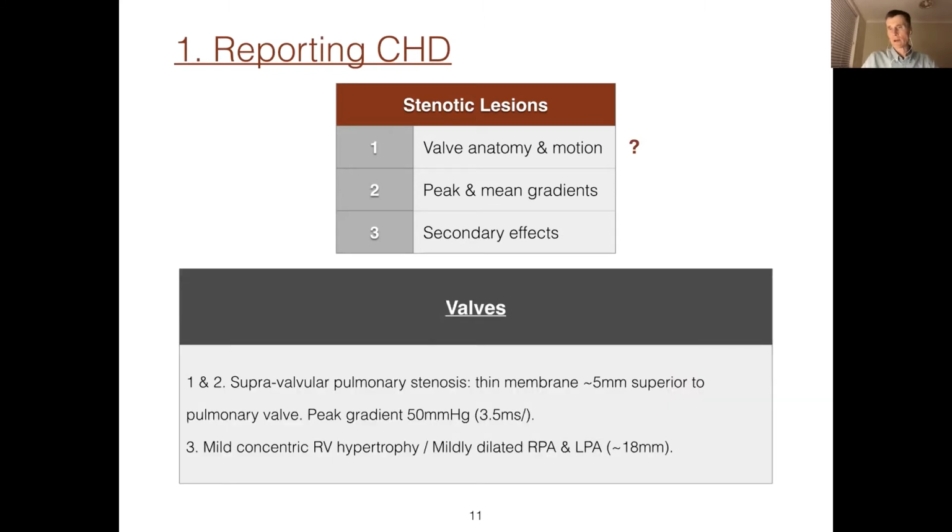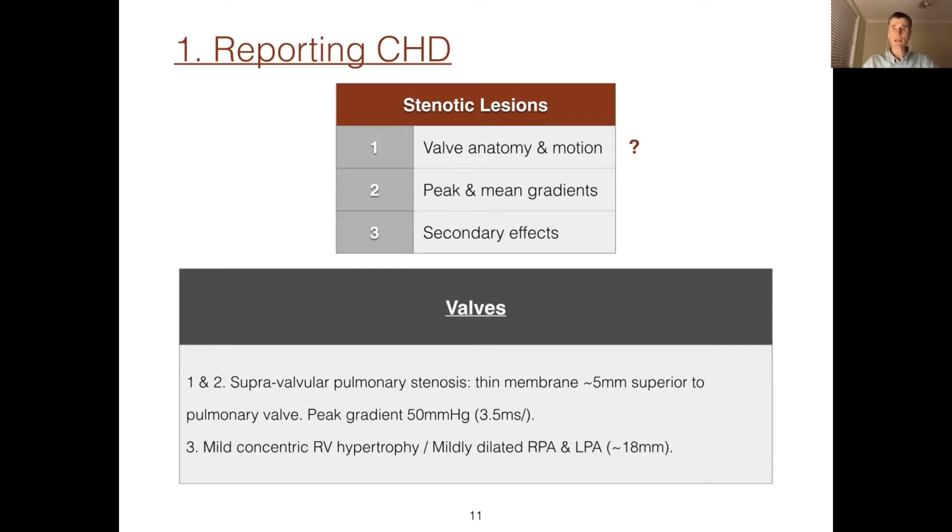So in our report, we want to say something like supravalvular pulmonary stenosis, and then expanding on that, thin membrane 5 millimeters superior to the pulmonary valve, peak gradient 50. Just like on the left-hand side, if you've got stenosis on the right side, you're going to have hypertrophy, but obviously in this case, the right ventricle.